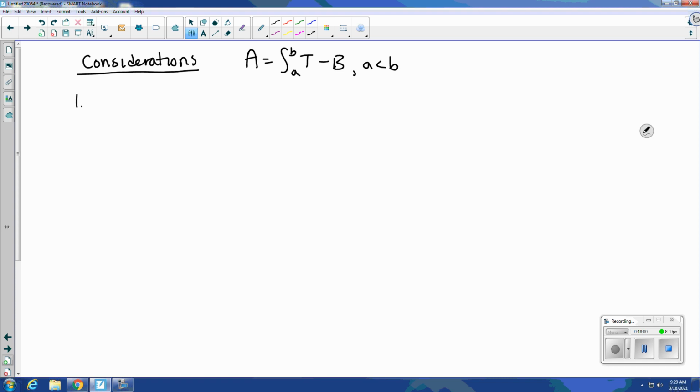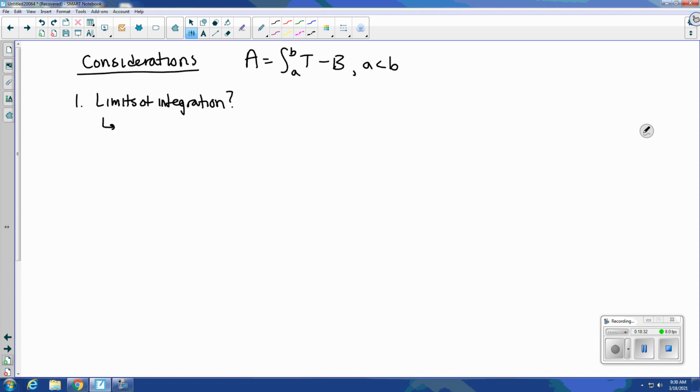So the first consideration is, what if we don't have the limits of integration? What if we don't know what a and b are? They're not given to us explicitly. We can see the region of space in which we need to integrate using the aid of a calculator, but we don't know what a and b are. If we're not explicitly given the limits of integration, how do we find them?